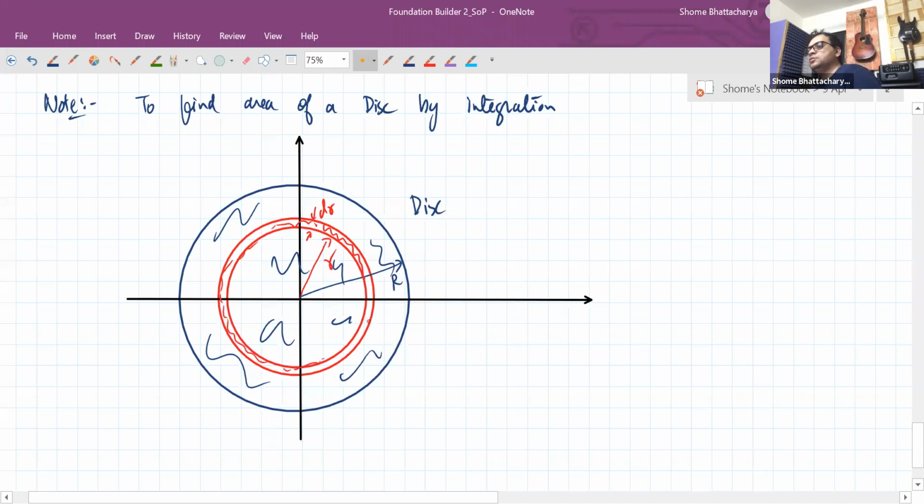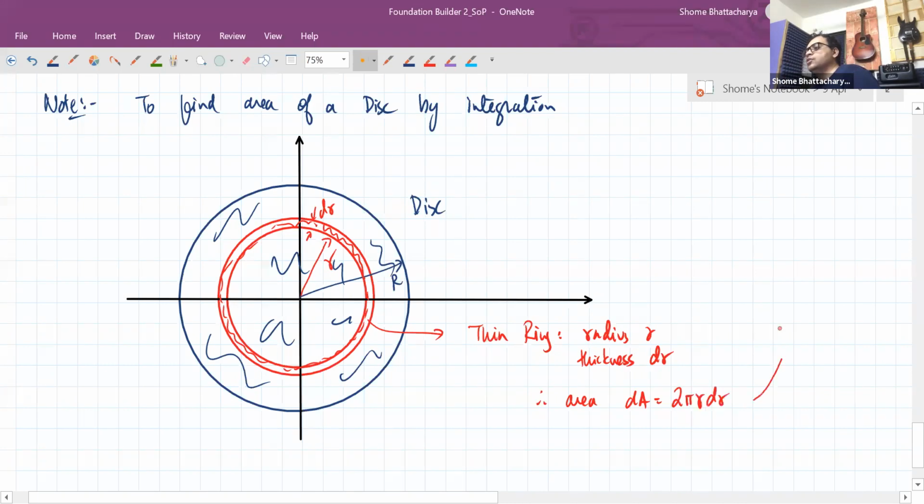So you can see what is the area of the ring. It becomes circumference into thickness. So this is a thin ring of radius small r, thickness dr. Therefore, area equal to circumference into thickness.